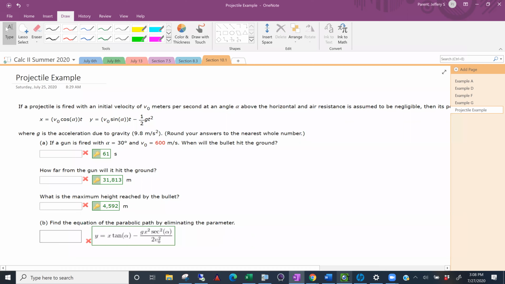The second part is how far from the gun will it hit the ground? Well, we want to go back to our equations again. Figure out basically how far your projectile is going to go. And it's going to travel for 61 seconds.